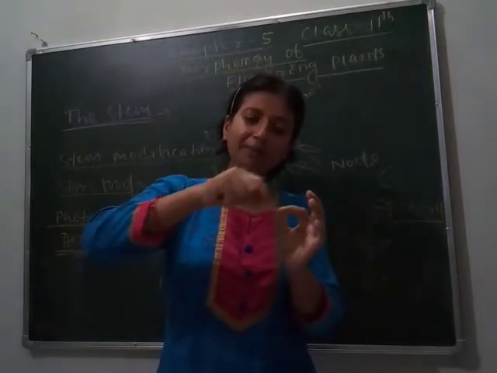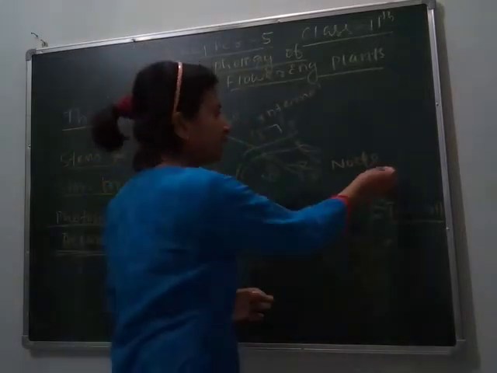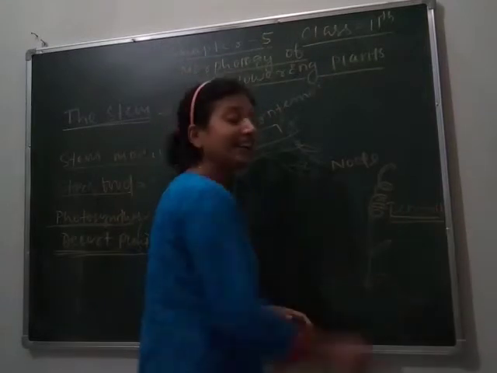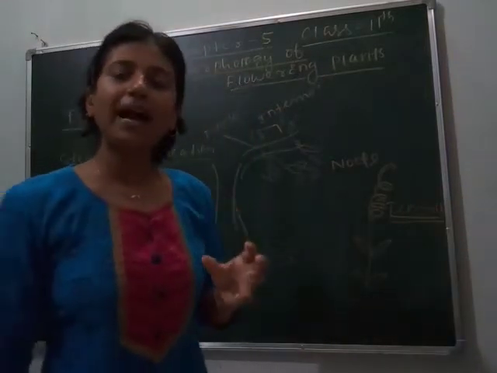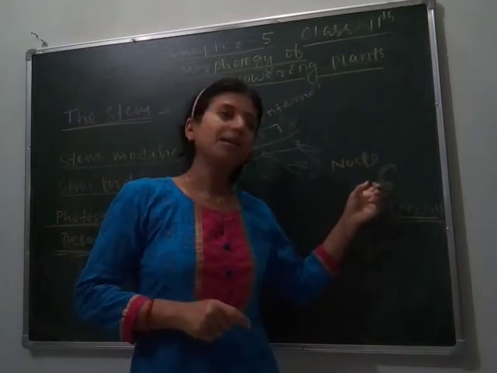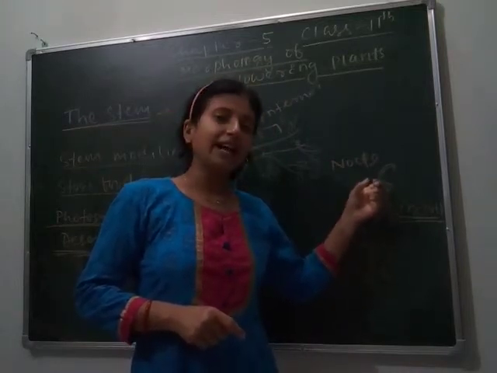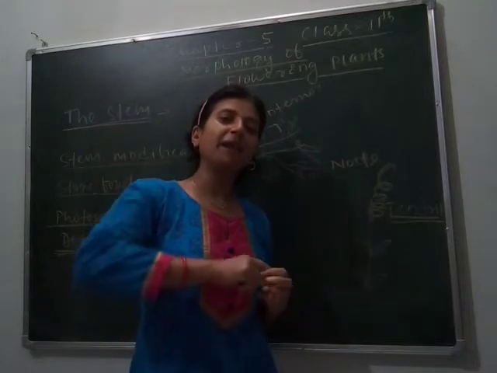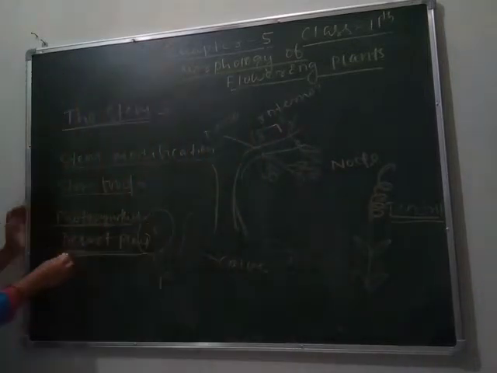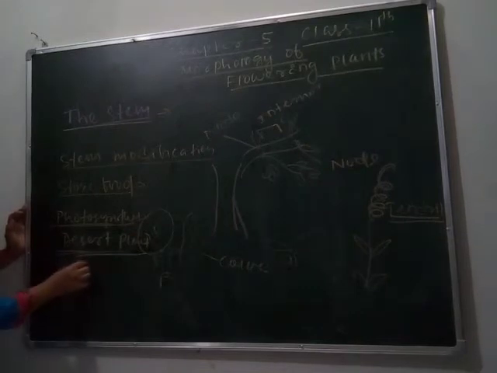So they modified to spring-like structure. This is spring-like structure which is called tendril, and tendril supports the plant to move, and it needs a substratum for attachment, and first the tendril grows, then the plant grows behind it. So here modification for support. Next function is support. So do you understand?